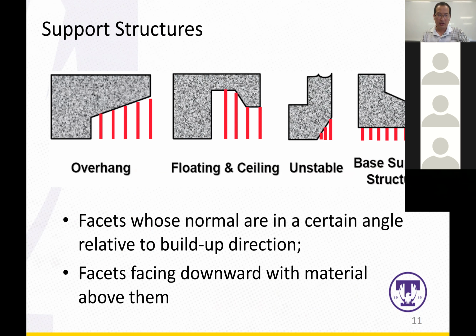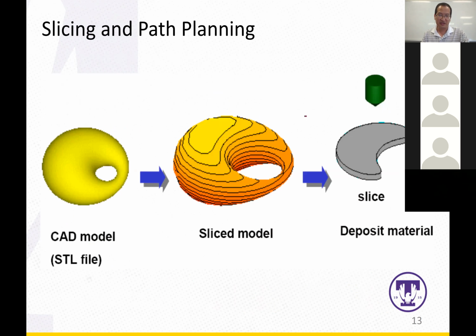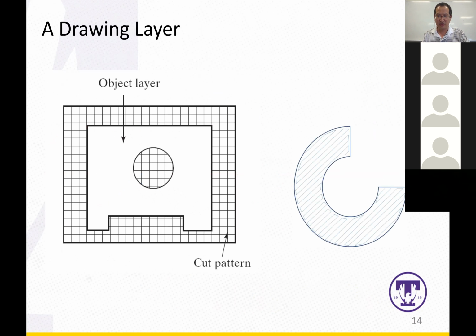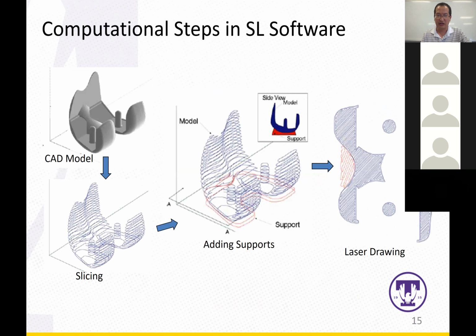All right. And then what's the next? That is the slicing and the path planning, right? So basically, you need to generate the outer contour and also the infill. And here shows a more complex example of how the slicing will look.